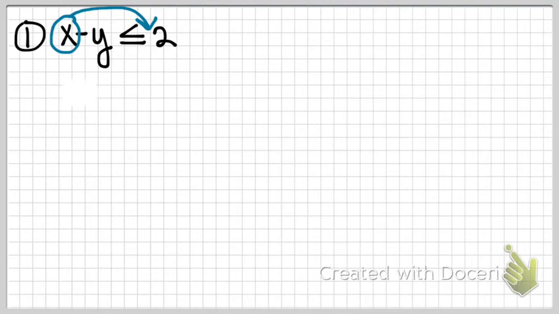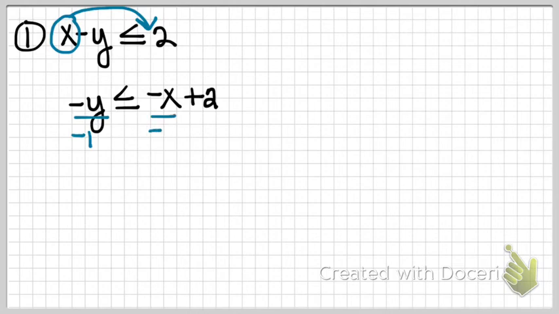It becomes negative y is less than or equal to negative x plus 2. And then what else do you need to do? Oh, not yet. Divide. What am I dividing everything by? All right. Now, when you divide an inequality by a negative, what happens to the inequality? The sign flips. So this is what you're going to graph.